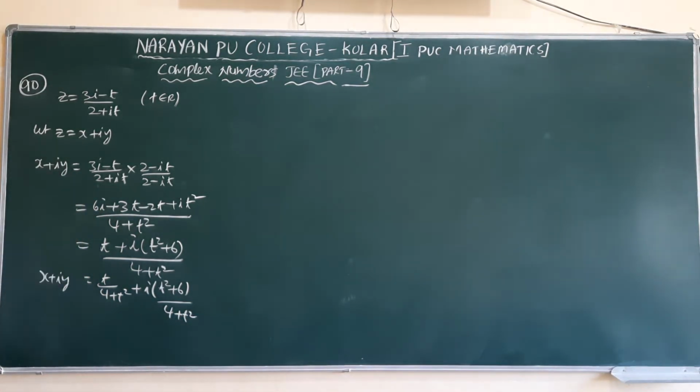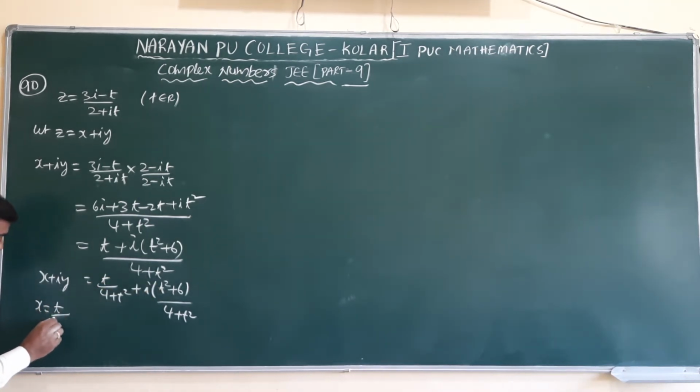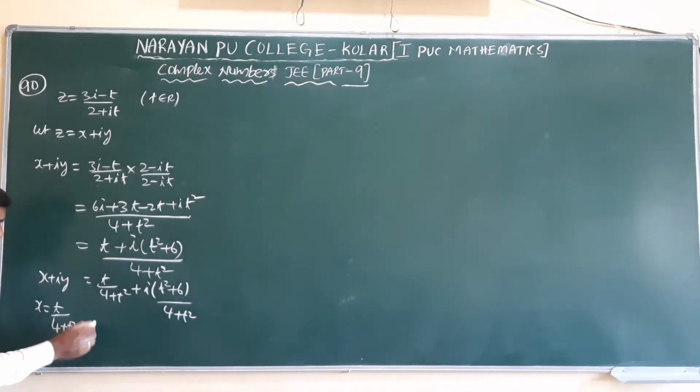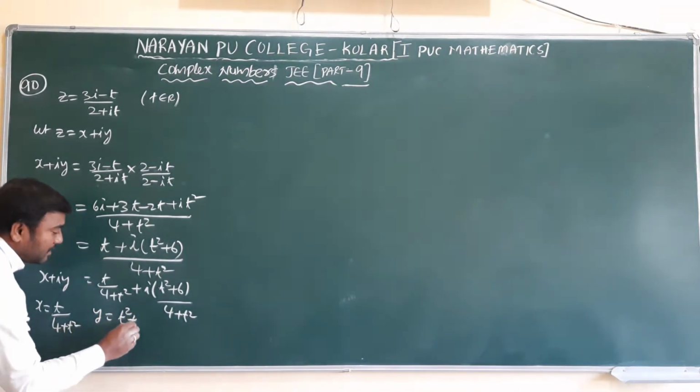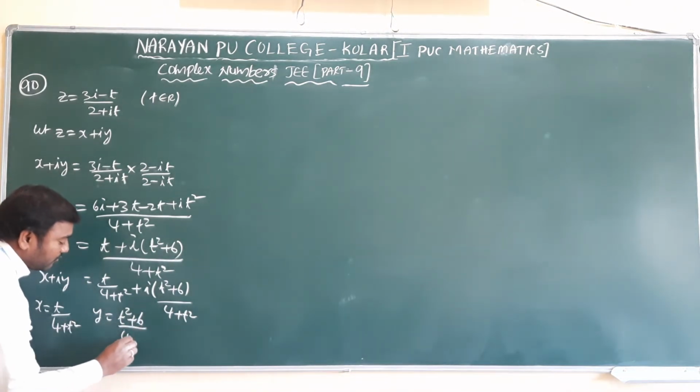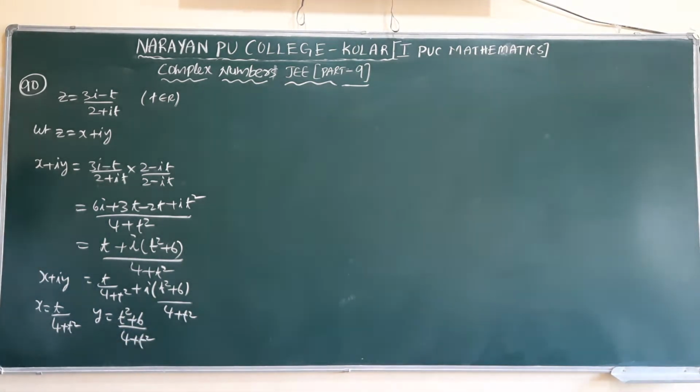We are comparing real part and imaginary part. Here LHS to RHS, x is equal to t divided by 4 plus t square, y is equal to t square plus 6 divided by 4 plus t square.